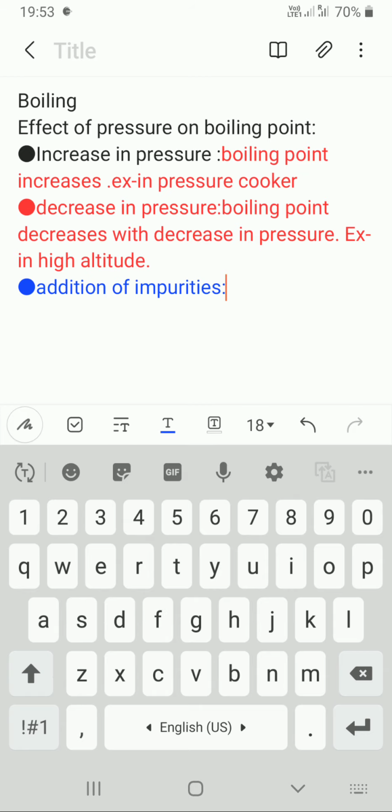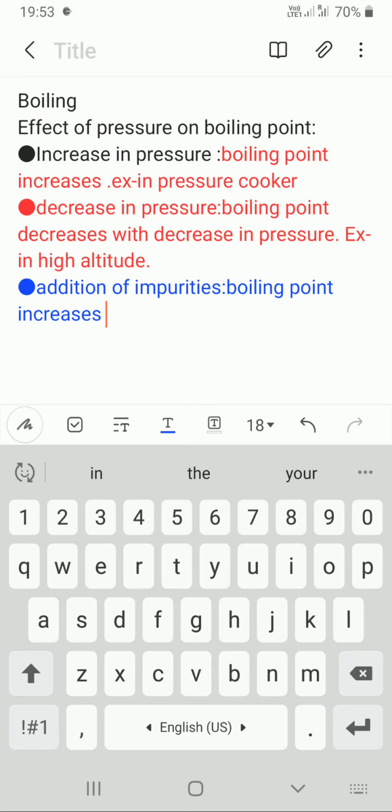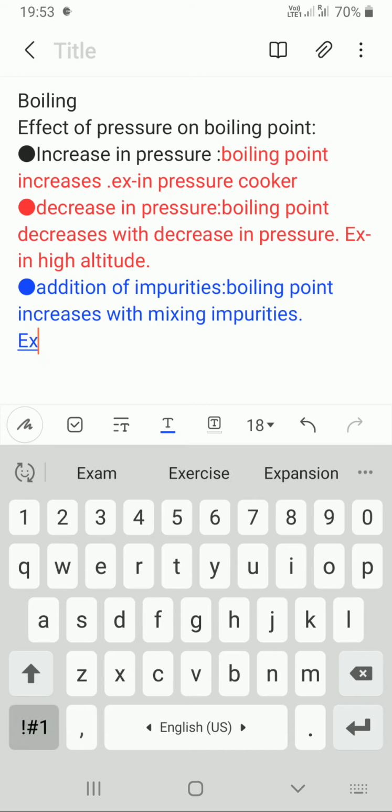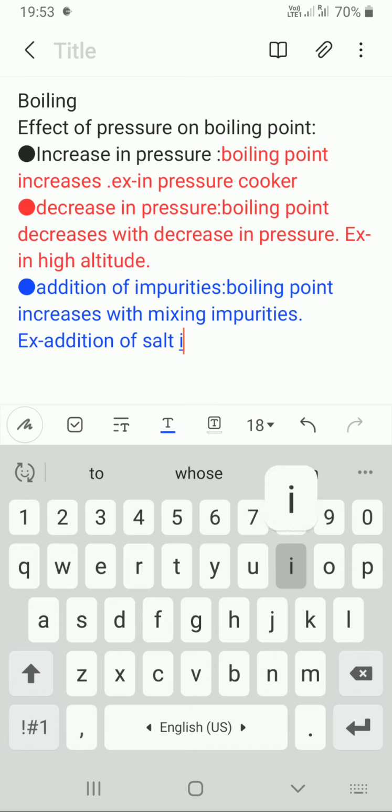So here we will write: boiling point increases with mixing impurities. For example, addition of salt in water.